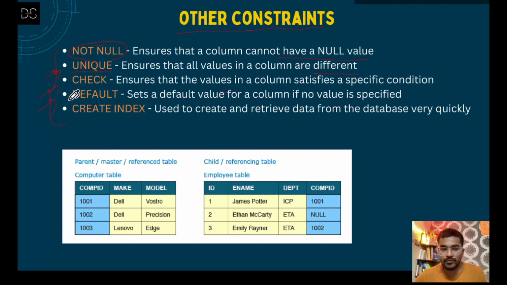The fourth one is the default constraint. So default constraint is set for a column if no value is specified.